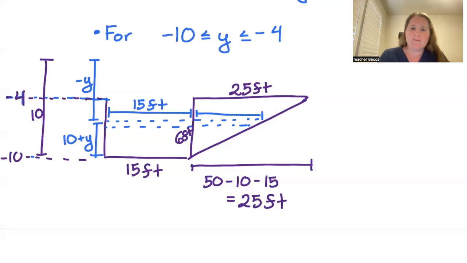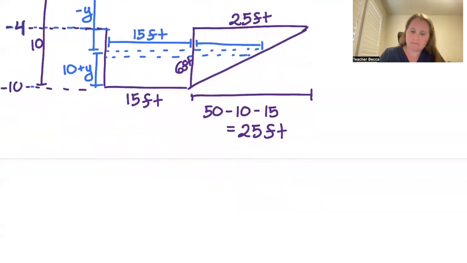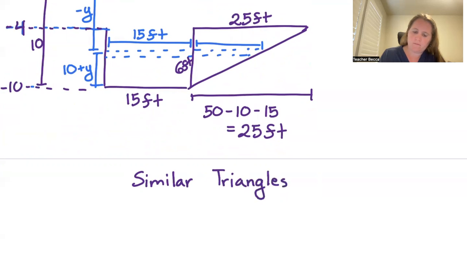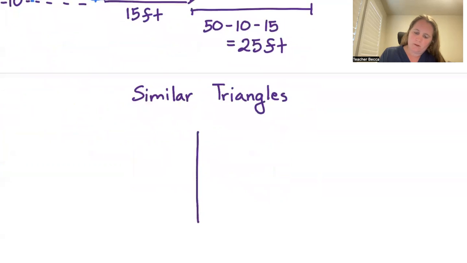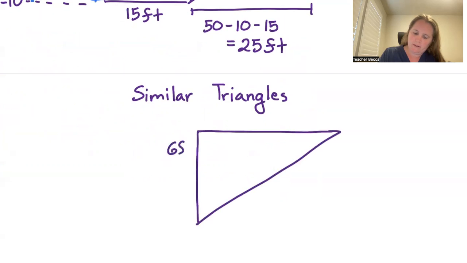So we have our similar triangles. Again, we have our large triangle that is 6 feet tall and 25 feet wide, versus our small triangle that is 10 plus y versus our unknown.